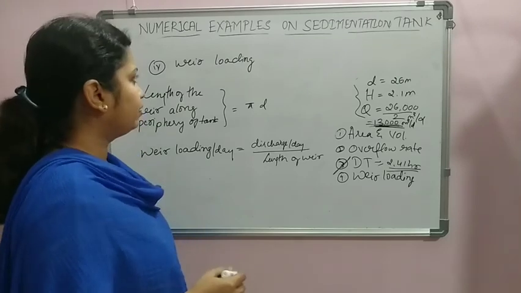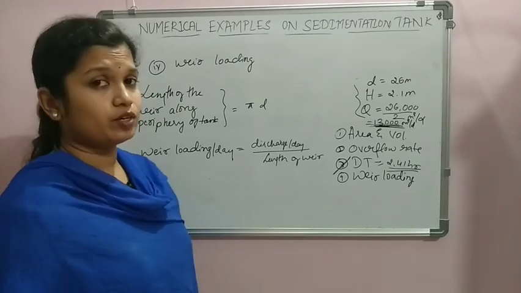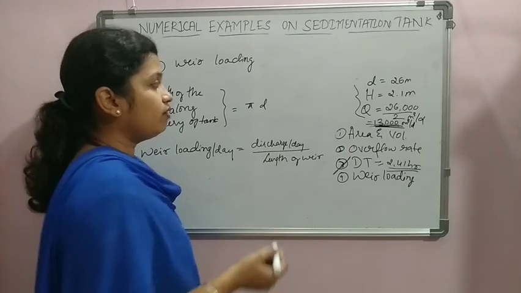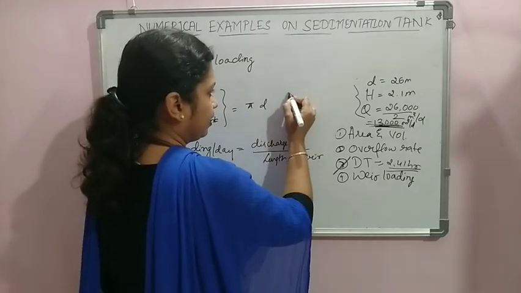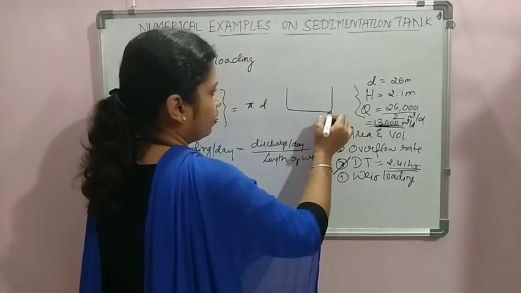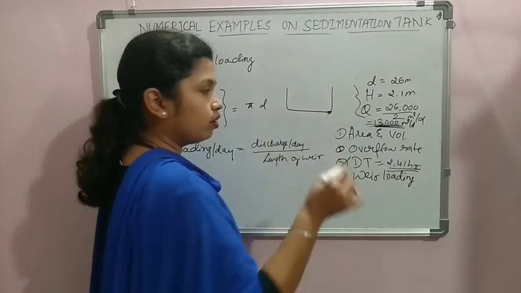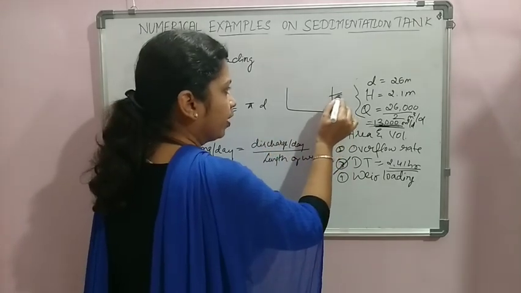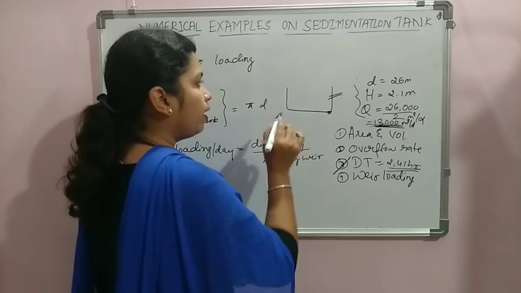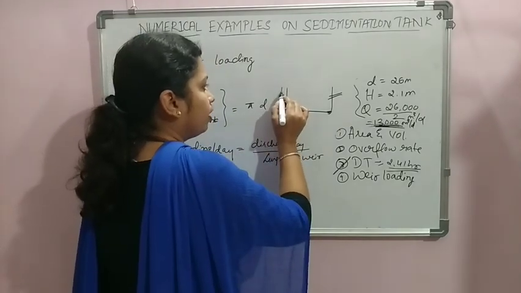In order to calculate the weir loading, first let us understand the meaning of the weir. Whenever we are considering a sedimentation tank like this, rather than making the water enter somewhere through a pipe, they provide a channel-like structure at the periphery.